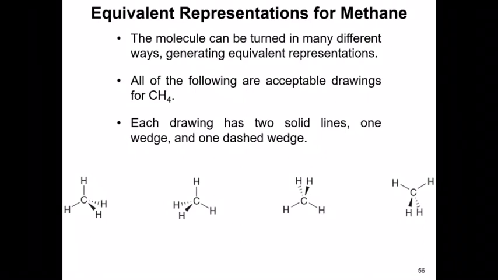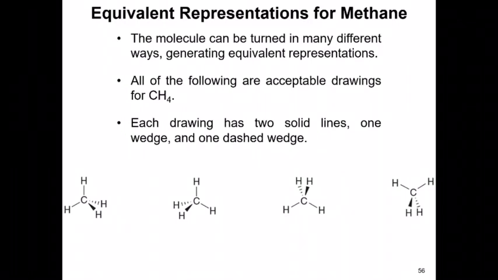Since molecules have three-dimensional structures, they can be rotated in many different ways which generate equal representations of the molecules. Let's pick methane as an example, which is the simplest organic molecule. Rotating this molecule produces the following similar representations as shown here.